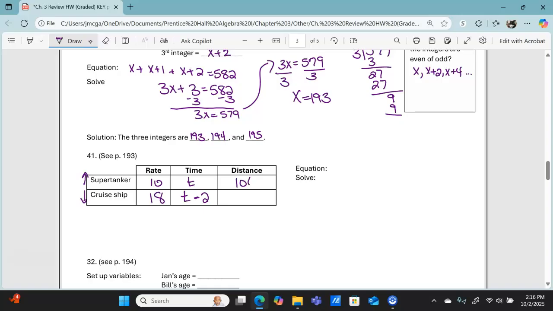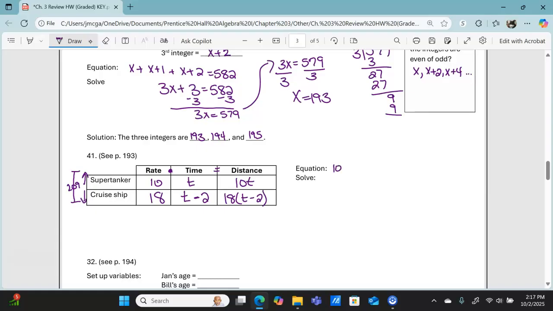Fill in this by simply multiplying the first two because it's rate times time equals distance. And we'll need to wrap that t minus 2 in parentheses. And it wants to know how long will it be before they are 209 knots away from each other, nautical miles away.